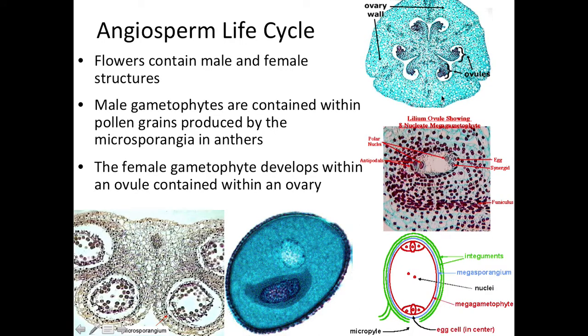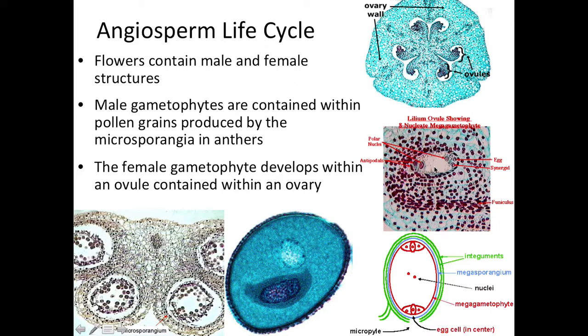On the other hand, you have the female gametophyte. The female gametophyte is located within the mature ovule, which is located inside the ovary. So at this point in development of the ovary, you have immature ovules, which are producing megasporangia, which will produce megaspores, and those will then grow into the mature female gametophyte.